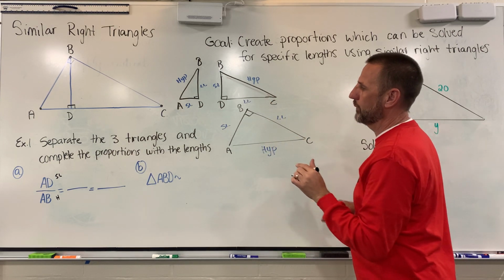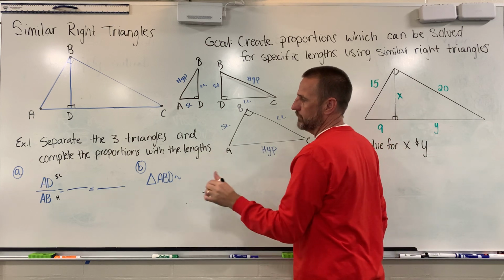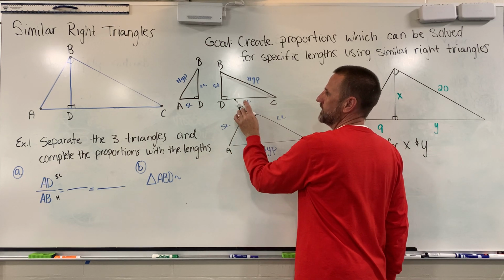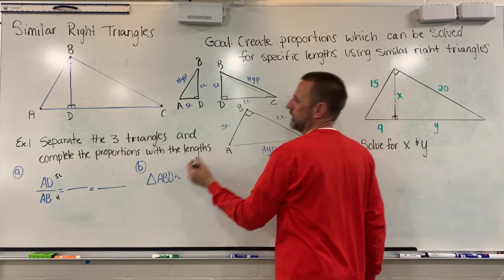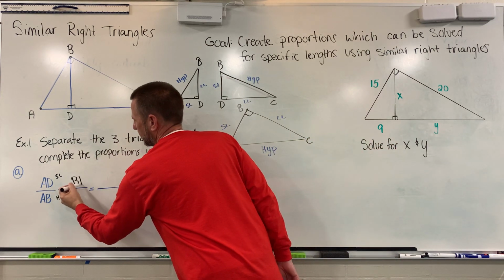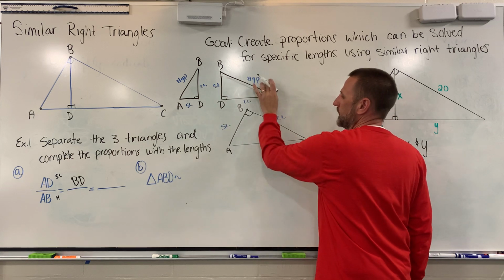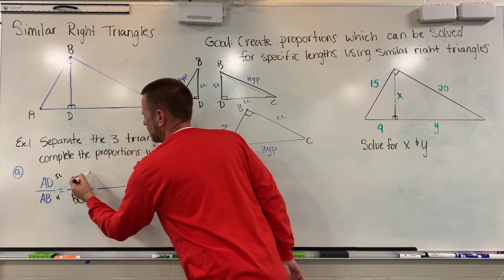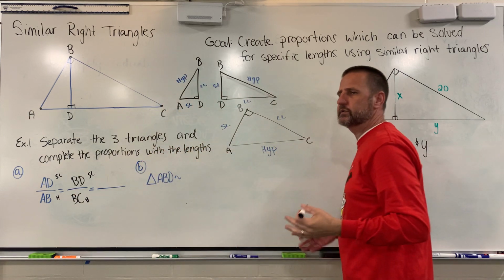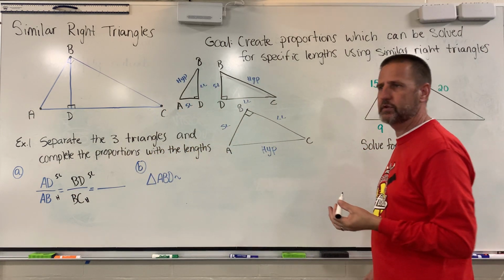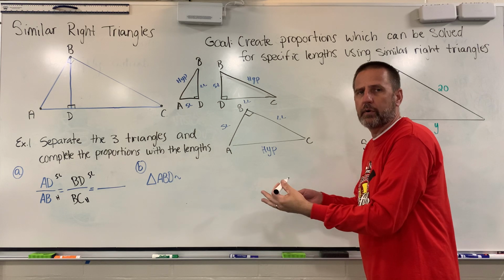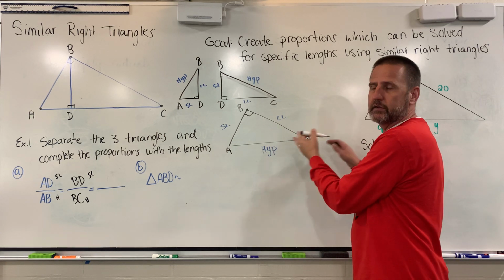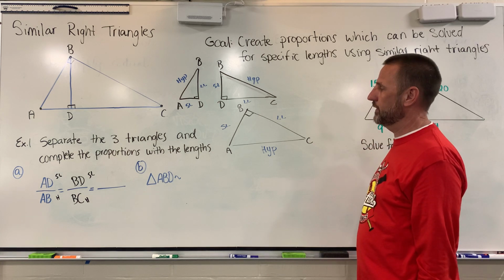If I was trying to work a problem and I know AD and AB, I have those two numbers, I can apply that to coming over here and saying, what's this short leg here? BD and BC. Once again, short leg over hypotenuse. I randomly chose those two, but I was just showing that in a problem, if I were given the short leg and the hypotenuse, I would be looking to create matches so that I could solve the problem.